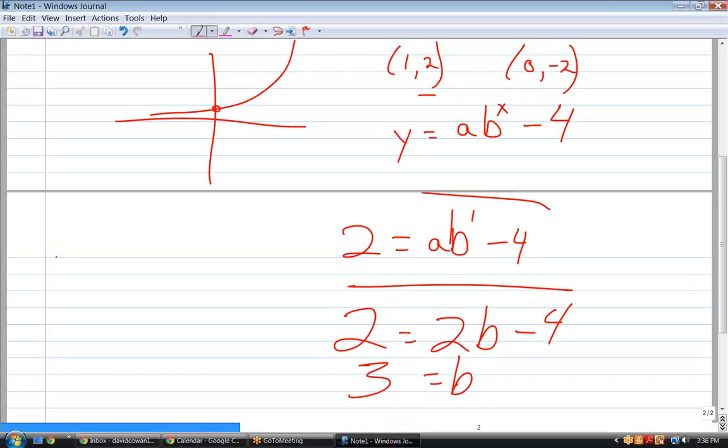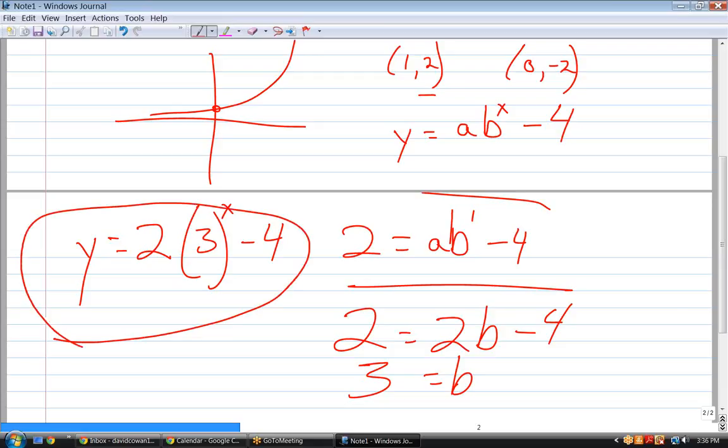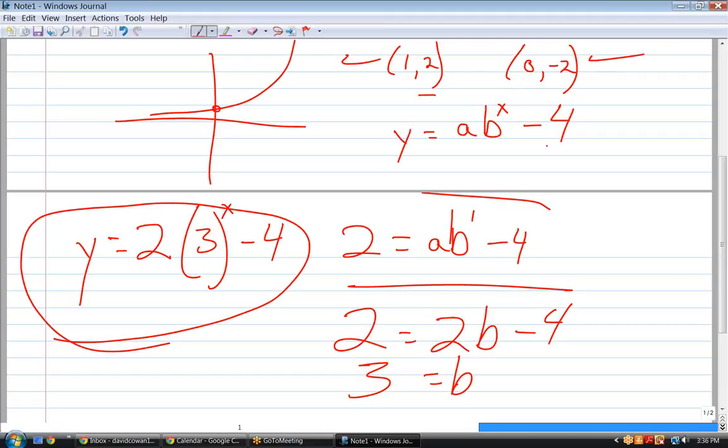So now my specific equation is y equals 2 times 3 to the x minus 4. That satisfies both points and the horizontal asymptote at y equals minus 4.